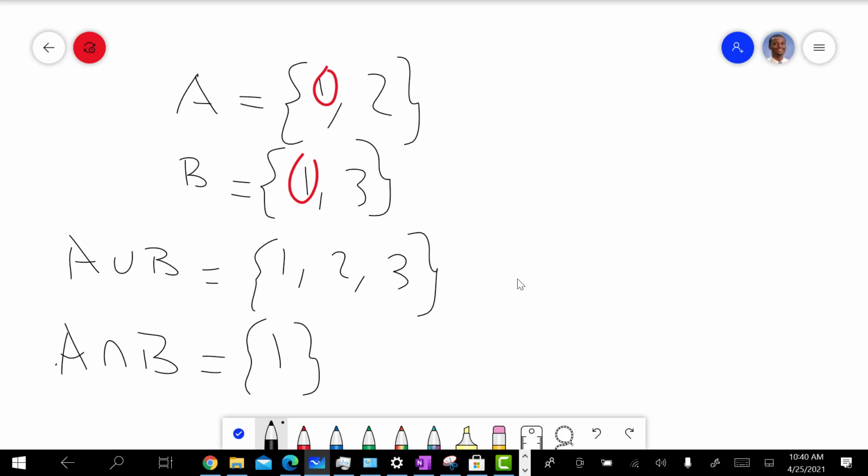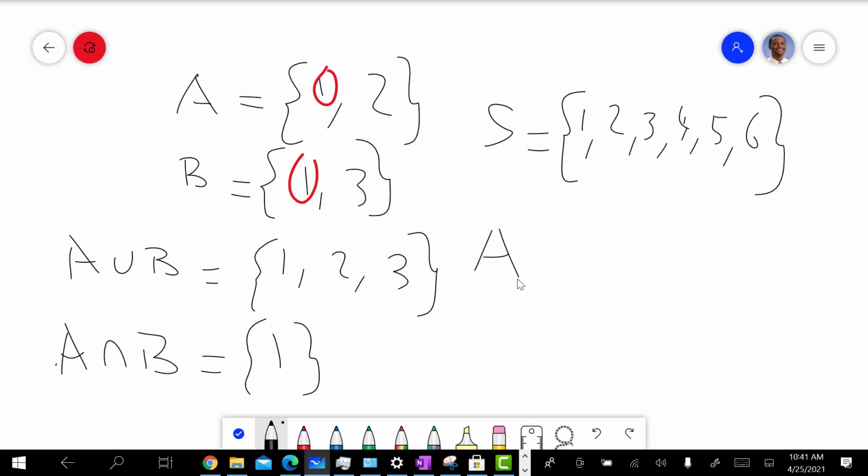What would be A bar, given that we have the universe S, which is 1, 2, 3, 4, 5, and 6? The complement of A, which is A bar, given the universe S: I know that A is 1, 2, so whatever is not A would be 3, 4, 5, and 6.